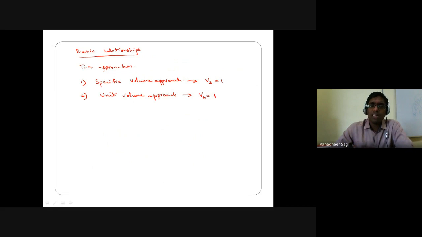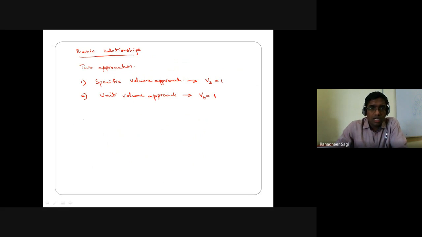Otherwise, it doesn't matter which approach you follow, you will still get the same basic relationships by following either the first approach or the second approach. See, either in the case of the specific volume approach or the unit volume approach, by looking at your phase diagram only, we'll be easily able to understand how to calculate or how to build that relation between those different parameters we are talking about.